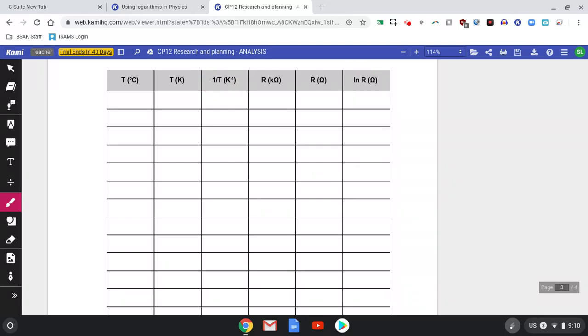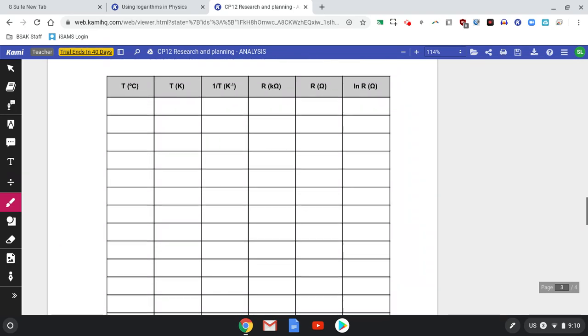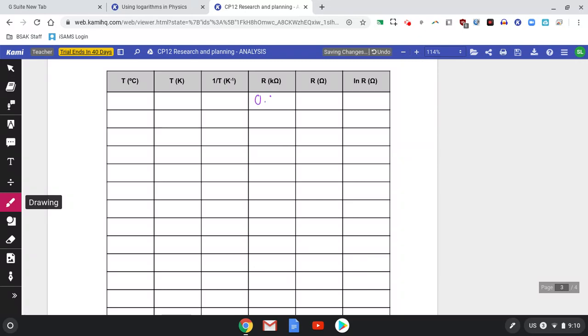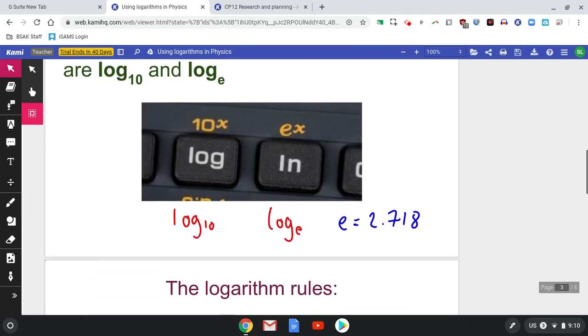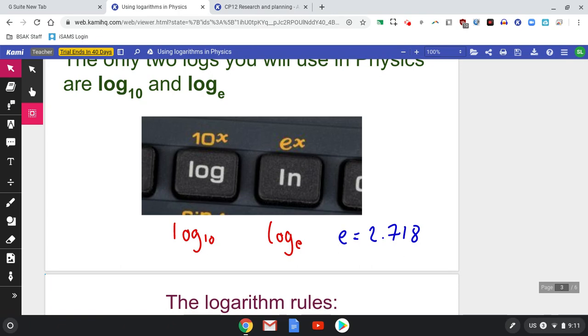Okay, so just to quickly recap how you use your calculator to get these values. I know you can do that, but how do you use your calculator for this? Well, it's quite simple. Let's take a value of resistance. Let's go for this one here, 0.57 kiloohms. How many ohms is that? 570, isn't it? You go to your calculator and you key in 570 and you press the ln button.